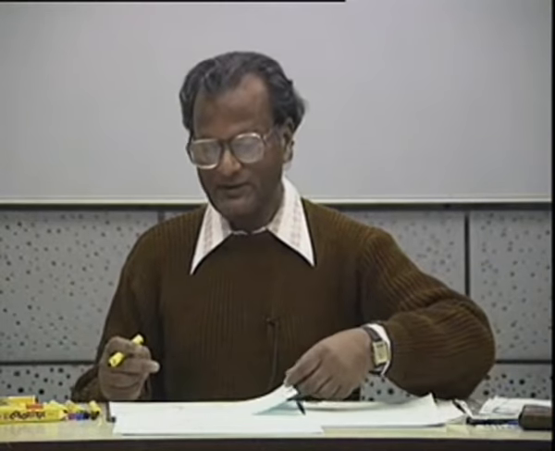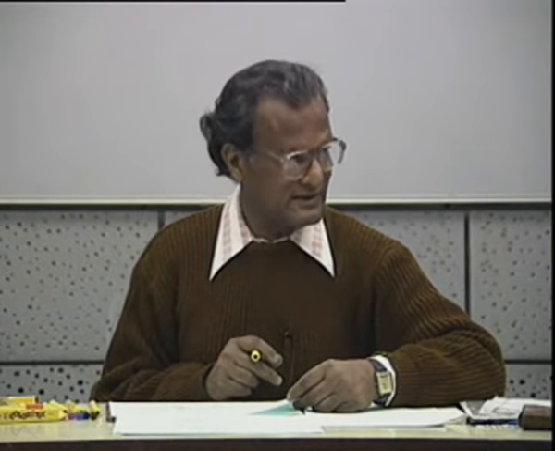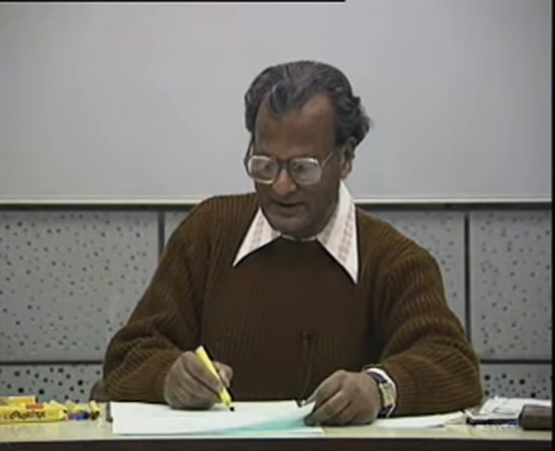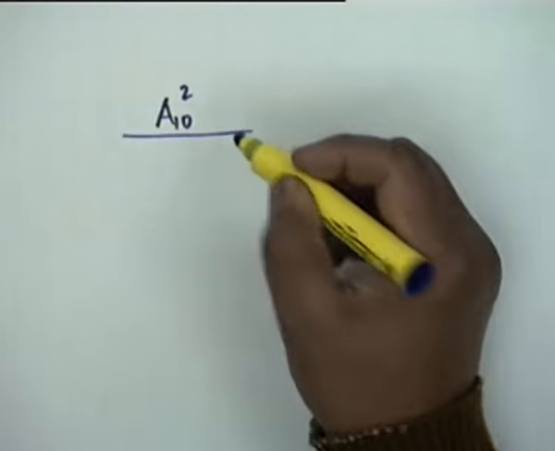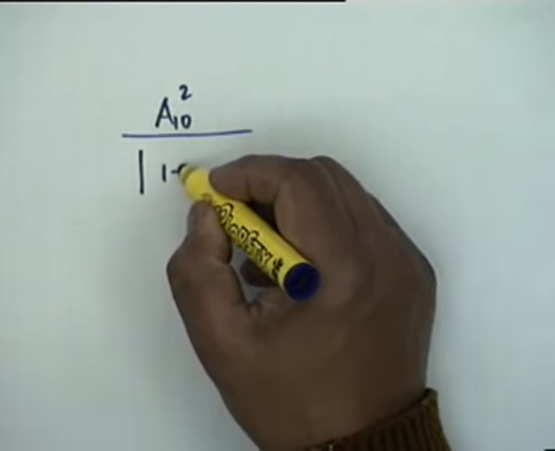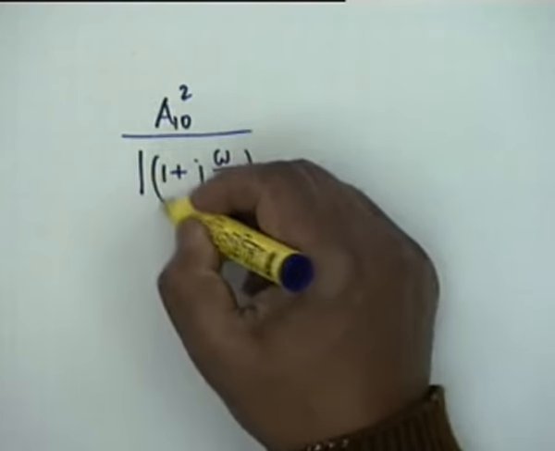Now, this is a very simple case where we can calculate the high frequency 3 dB point exactly. It is not very difficult, because the relationship to be satisfied is A10 squared divided by magnitude 1 plus j omega by omega H1 squared.